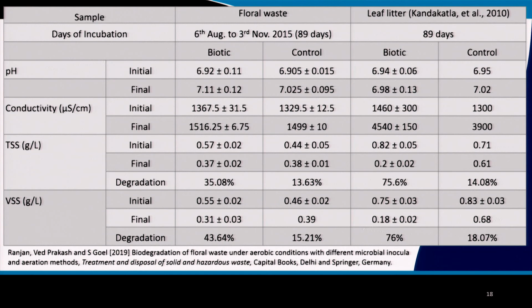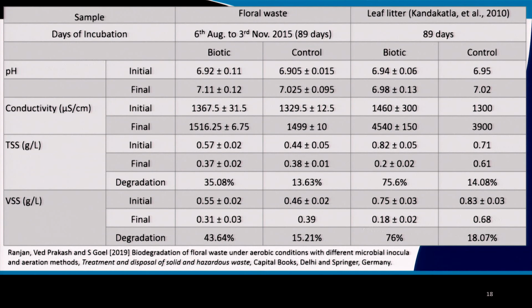We were measuring TSS and VSS. TSS means total suspended solids, VSS means volatile suspended solids. Volatile suspended solids can be associated with the microbial biomass or with the organic content of the material itself. So the loss of VSS is the main result in our case, because that is the biodegradable fraction that is lost, that is mineralized.